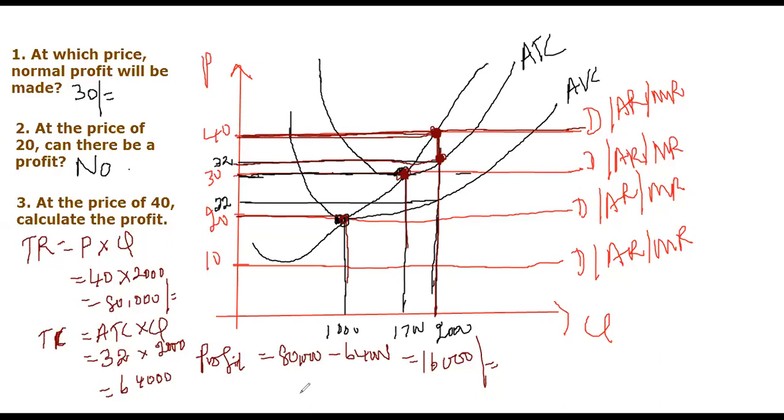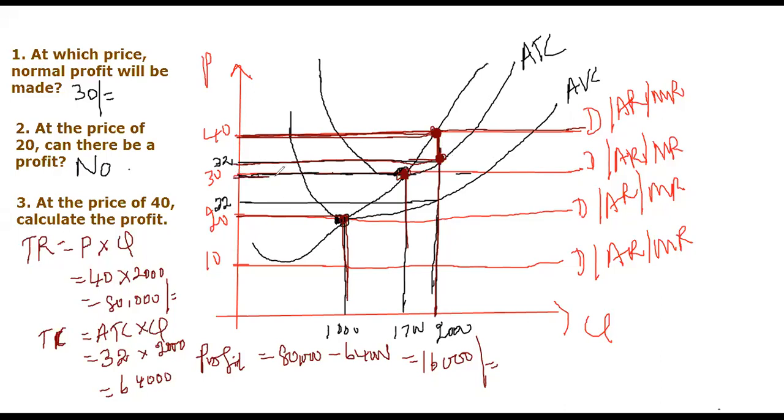Okay. So then here, see, this is the one profit. Then for 20 rupees you get the TR, 20 into 1000.